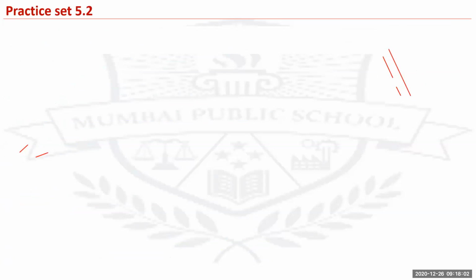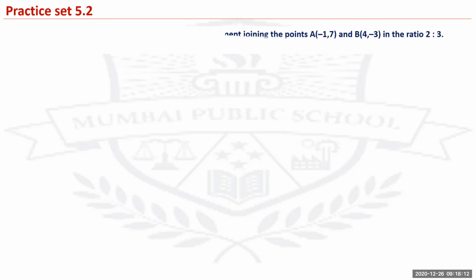We'll move to the practice set 5.2. The first question. Find the coordinates of the point P if P divides the line segment joining the points A(-1, 7) and B(4, -3) in the ratio 2:3.